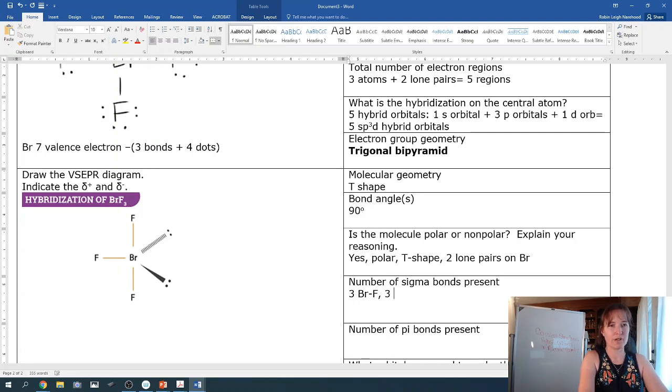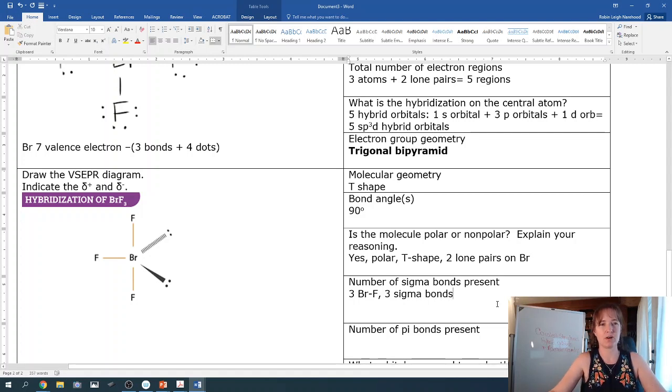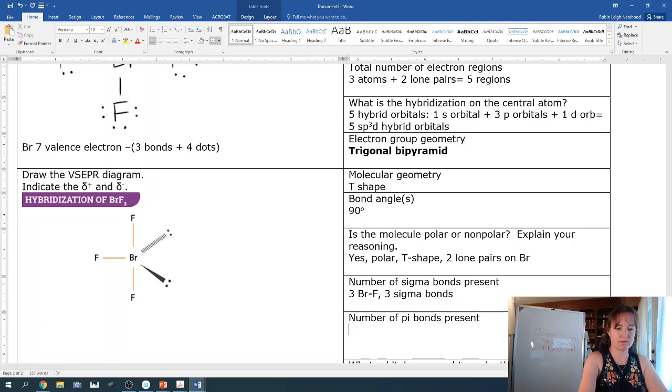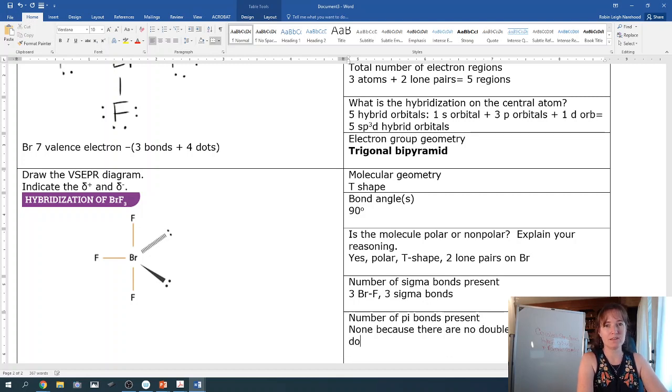And so there are 3 sigma bonds, because there are 3 separate bromine fluorine single bonds. How many pi bonds? None. Because there are no double or triple bonds. Fluorine does not form double bonds.